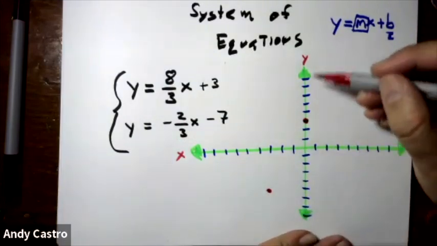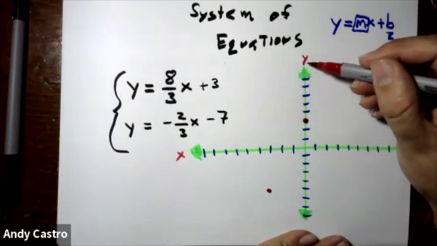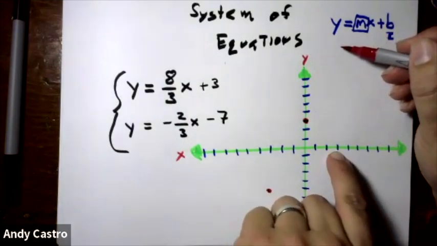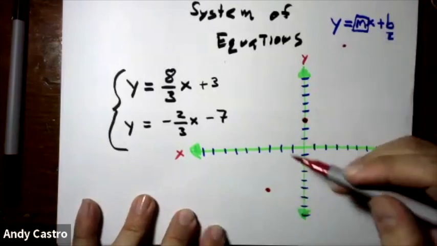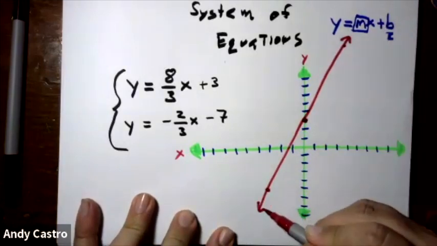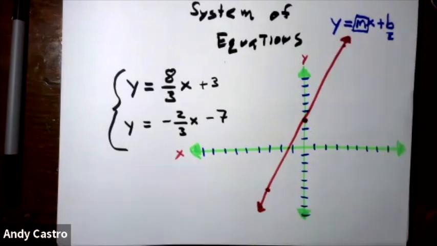We can guesstimate over here, and 3 we know to be right there. That should be roughly as best as we can do without graph paper or a straight line. All right, that's the first equation.